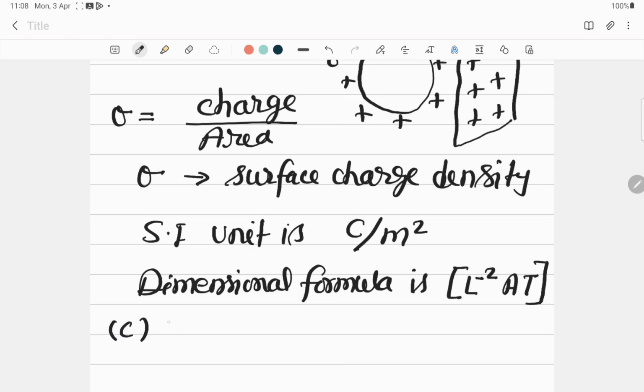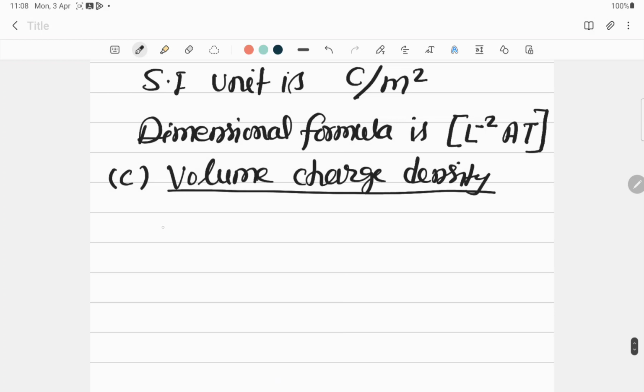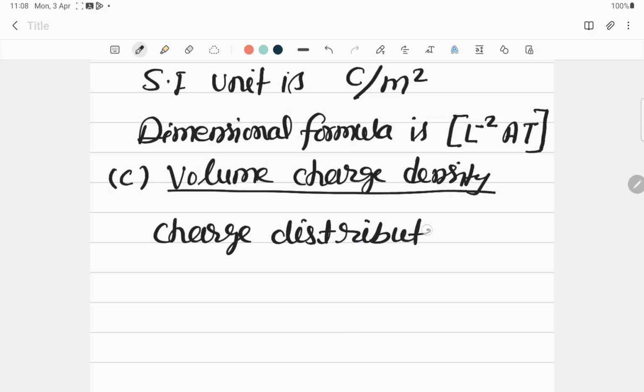Now see volume charge density. Volume charge density comes when the charge is distributed throughout the volume of the body.